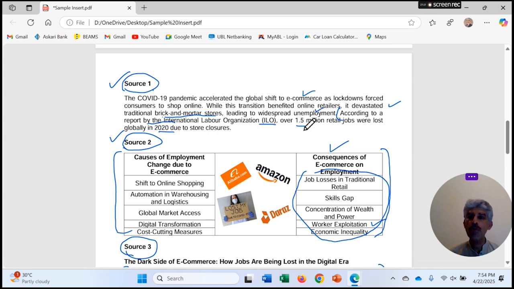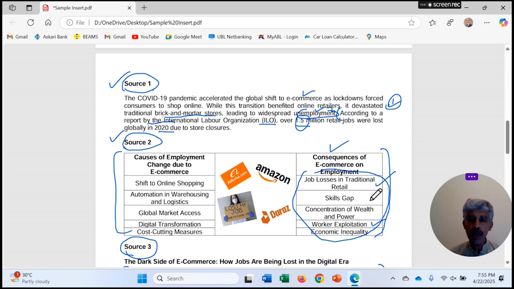So the consequences given over here, number 1 was this one, the devastation of the physical stores. Number 2, unemployment. And according to the report published by, and this is another one, many people lost their jobs because of the online retail stores.